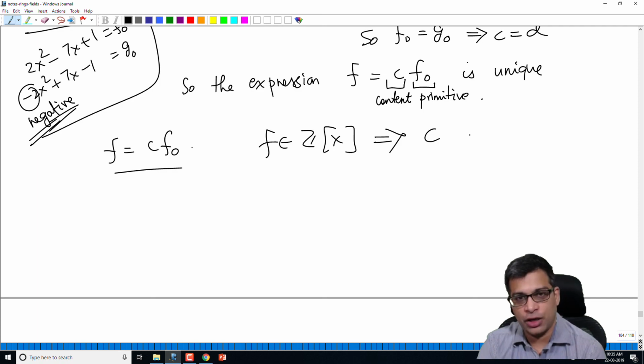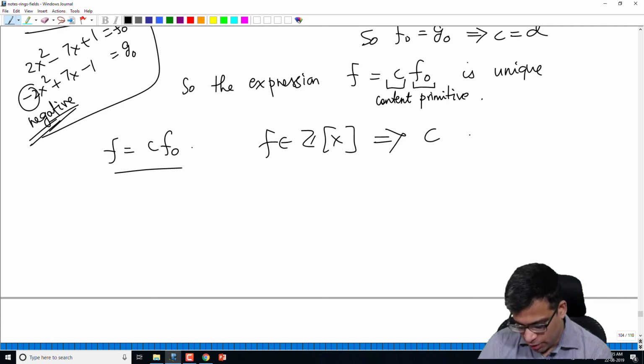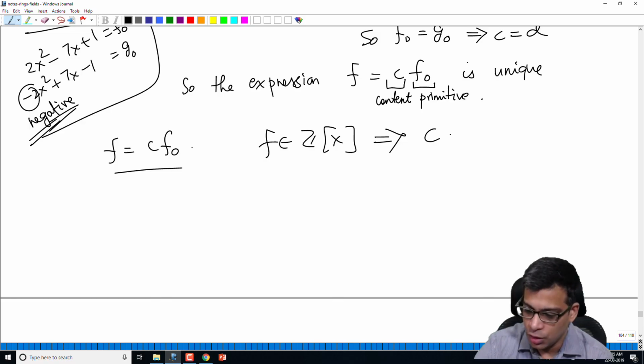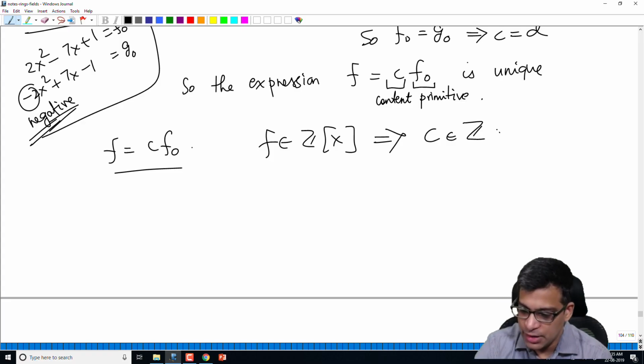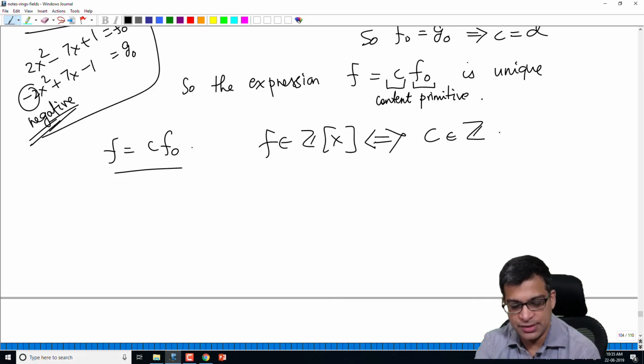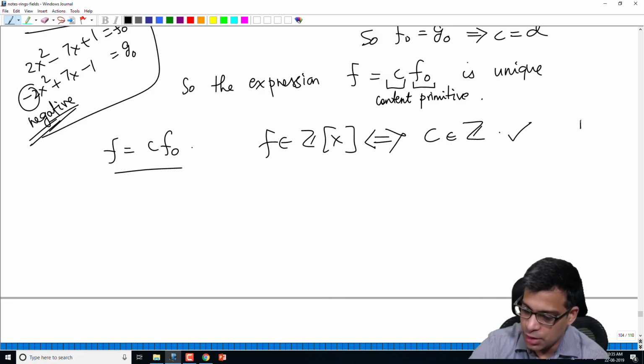So if C is not an integer, that means C has a denominator which is not 1. But that denominator cannot be cancelled by any of the factors of F0. So C must be in Z itself, because if C is not in Z, that violates the fact that F is in Z[x]. Similarly, if C is in Z, that is easy. If C is in Z, F0 is also in Z[x], so F is in Z[x]. This now completes the proof.